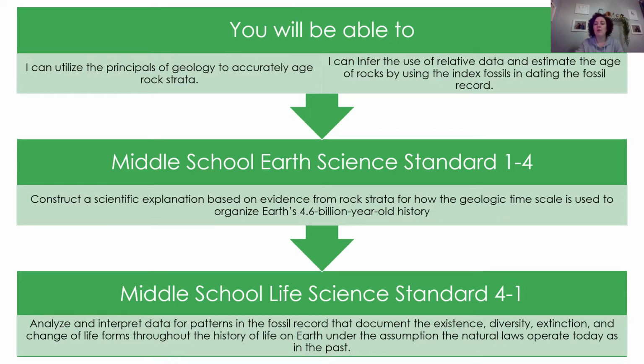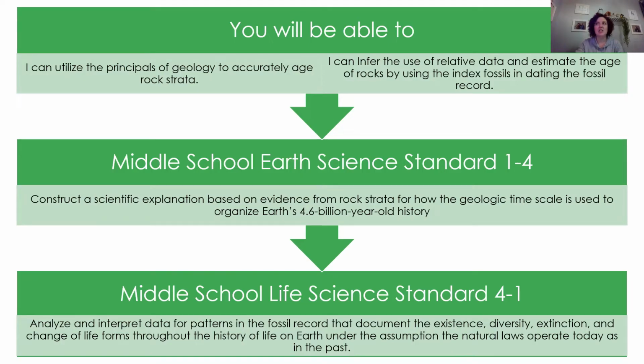Okay, what you really care about is what you are going to be able to do. So you will be able to utilize the principles of geology to accurately age rock strata. You'll be able to infer the use of relative age dating to estimate the age of rocks by using the index fossils in dating the fossil record. So this is where that life science standard comes into play.